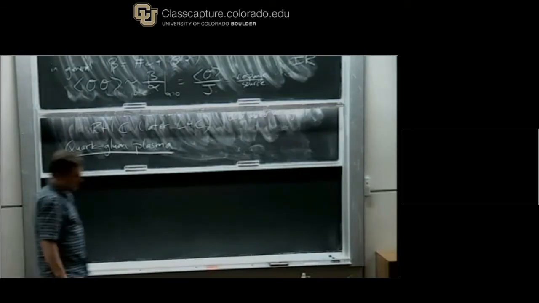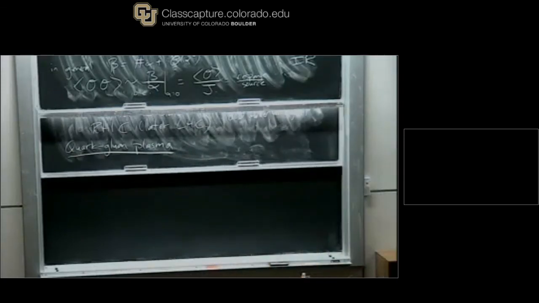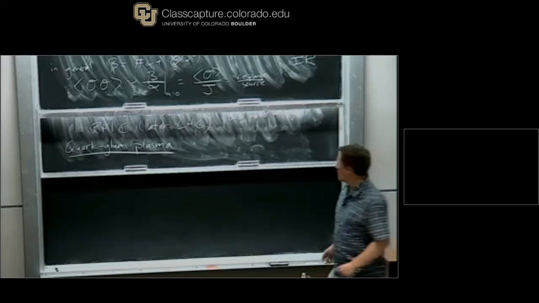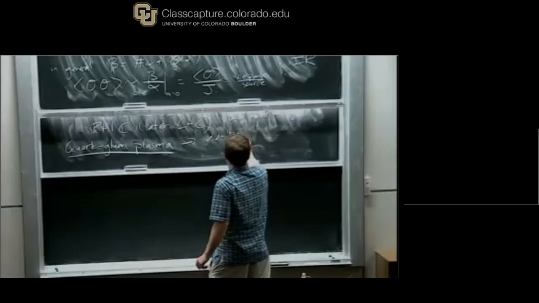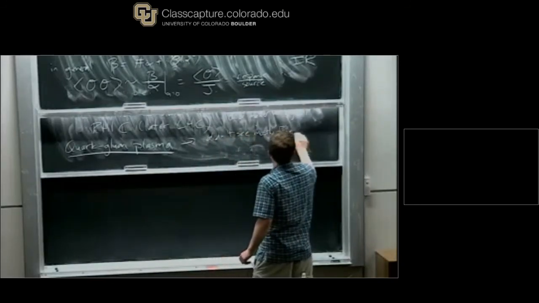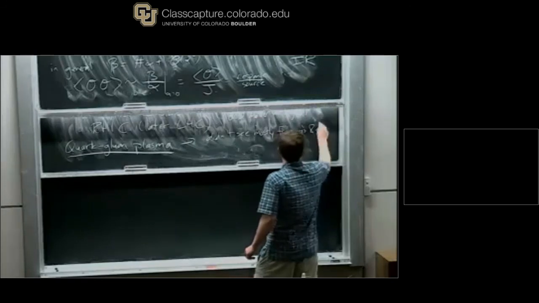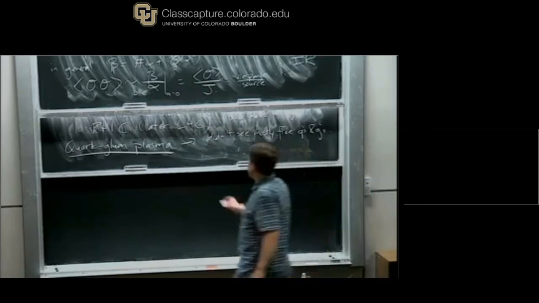But what was interesting, very interesting, is that when people got the results back, they didn't actually see mostly free quarks and gluons. Instead, they saw something that no one had ever seen before. They saw a stuff with very novel properties.